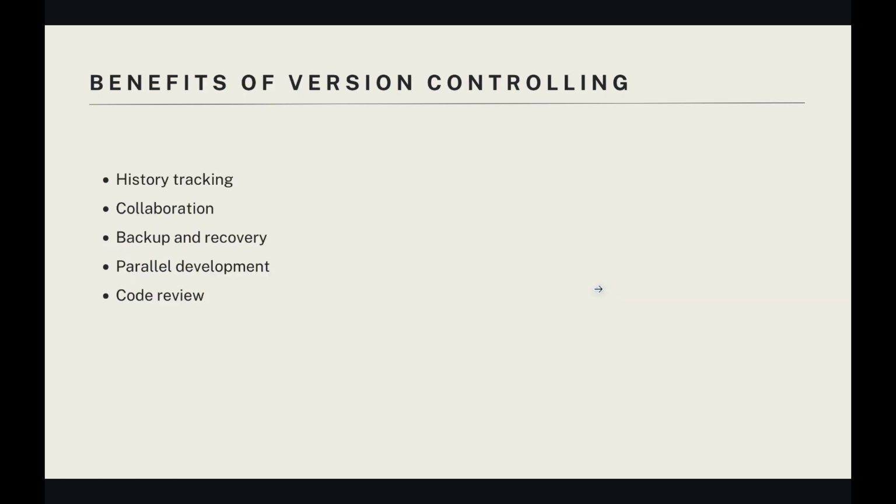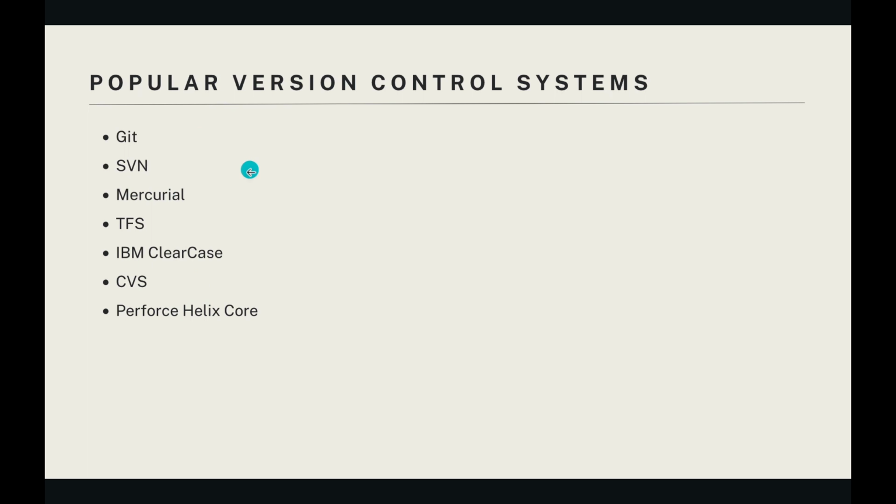As we have mentioned earlier as well, there are many benefits of version controlling. It allows history tracking, collaboration, backup and recovery, distributed parallel development, and also it provides the ability to review code. These are some of the popular version control systems.